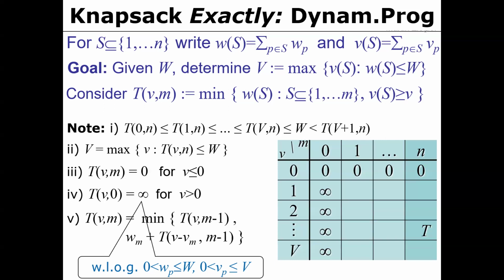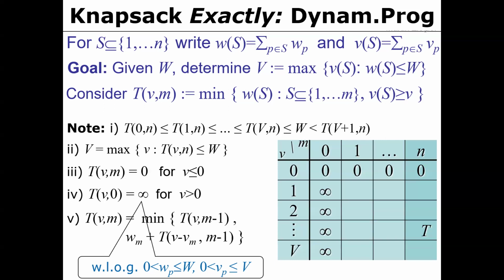We cannot tell in advance, but that's the whole point of filling the table. We can calculate the entry here by looking at the column to the left, from M to M minus 1, that's one column to the left, and then checking in the same row, row V, or looking into row V minus V_M, which is somewhere upward.